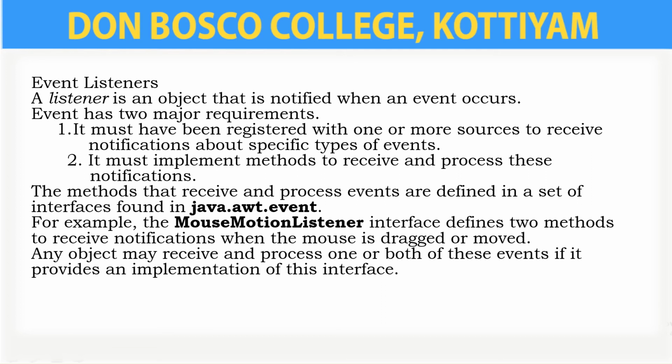For example, the MouseMotionListener interface defines two methods to receive notifications when the mouse is dragged or moved. Any object may receive and process one or both of these events if it provides an implementation of this interface. We will discuss an example of this in the next video.